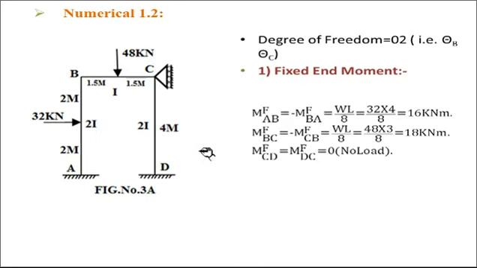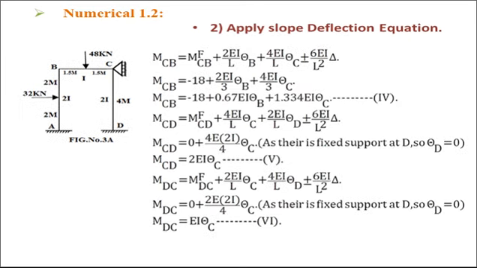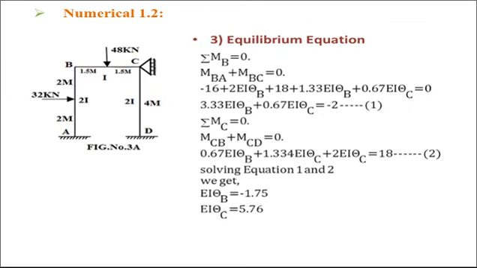Now we went through the fixed end moment in the previous video. Also we went through the slope deflection equation which is applied for each member. Now this is a new part for this video.